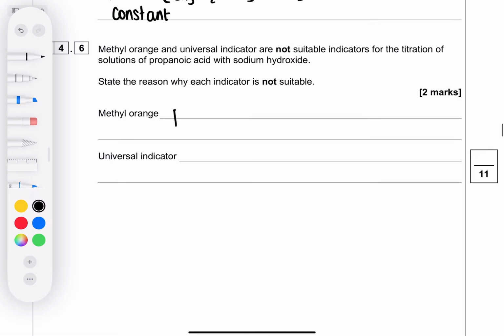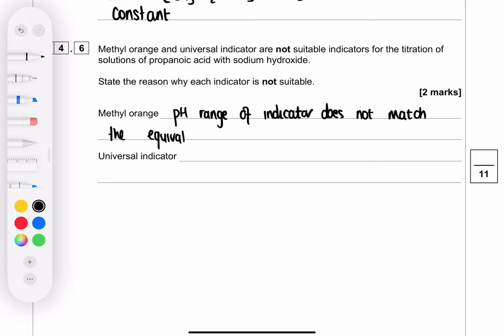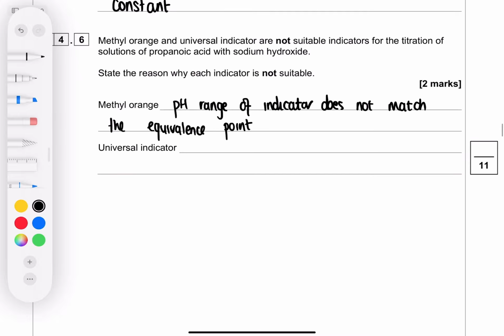So the pH range of the indicator does not match the equivalence point, or the region of rapid pH change, the vertical part of the curve.